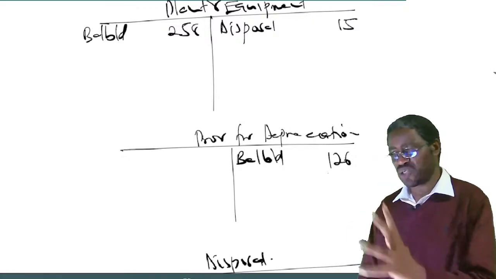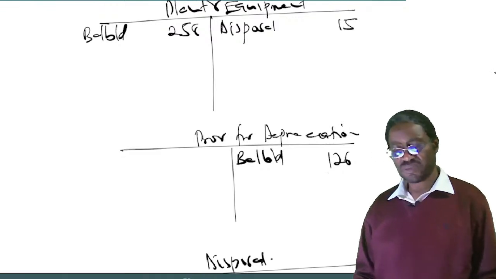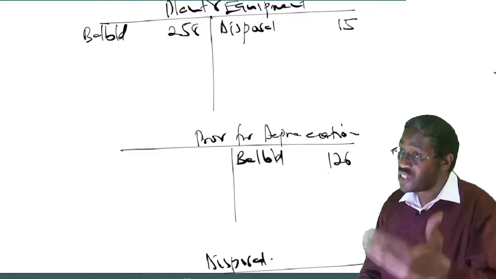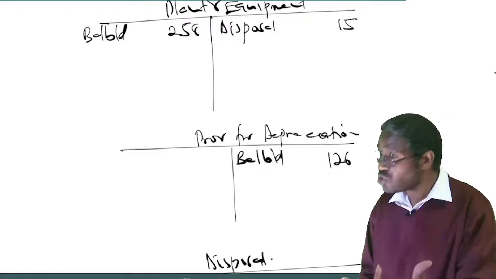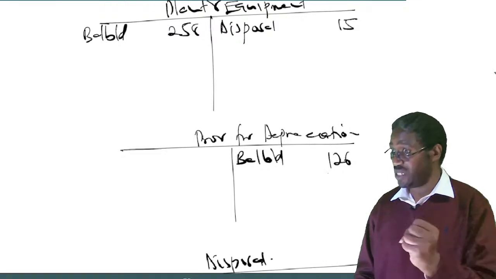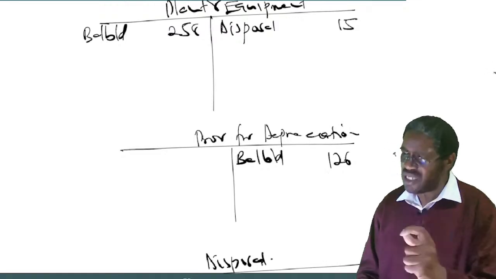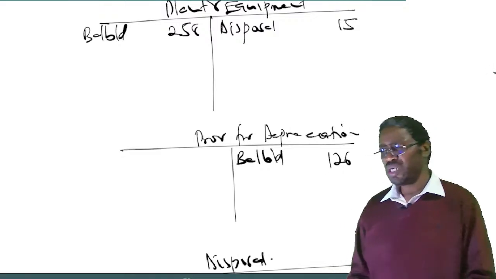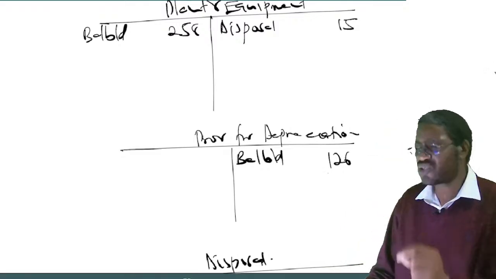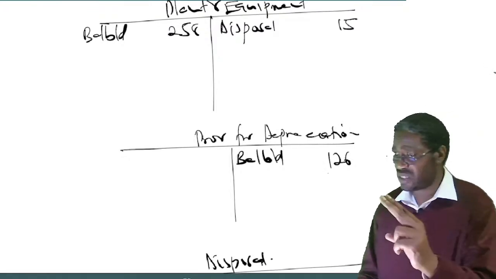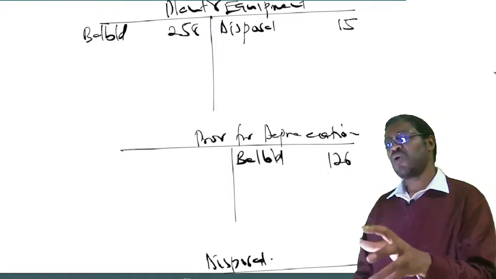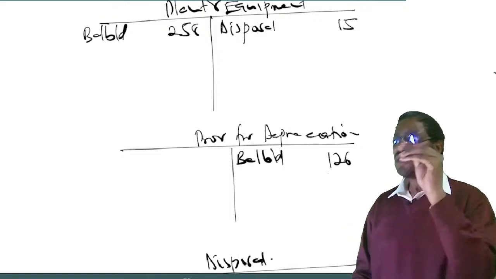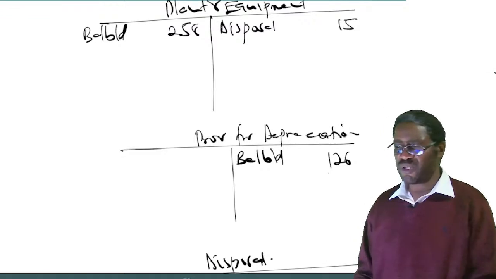Step number 2, let me explain it first. Remember, as a company, you have been depreciating this asset. Before you sold it, you had been depreciating it. That means out of this 126 million depreciation, there is the depreciation of the asset sold. Once you sell an asset, you don't need to keep its depreciation in the books.